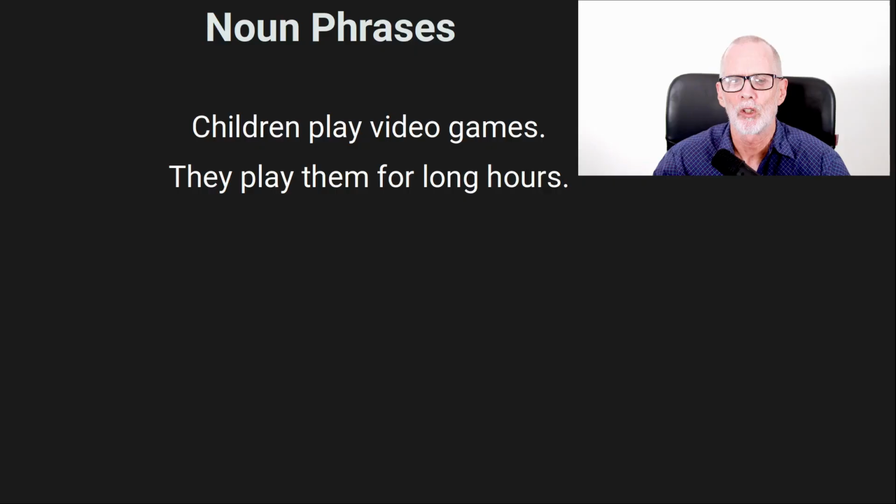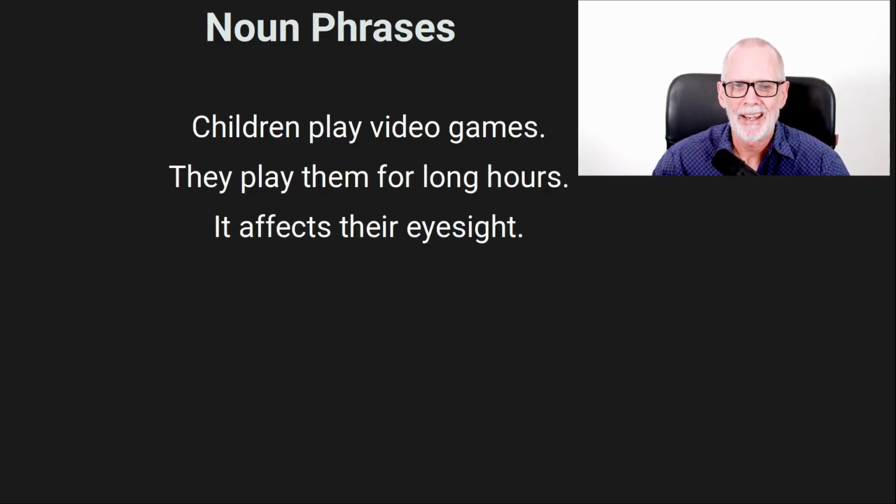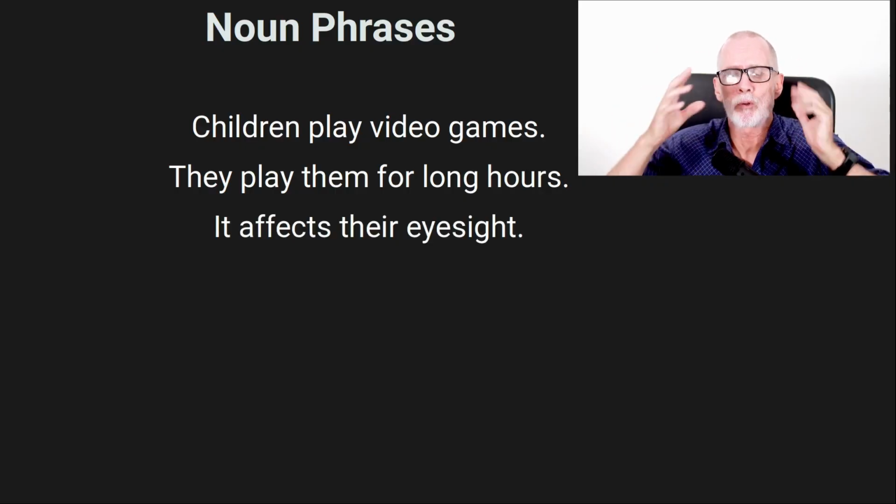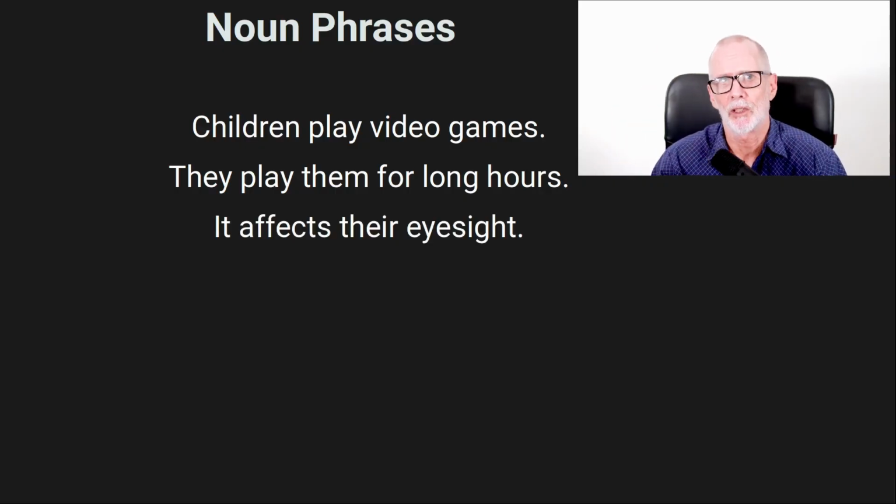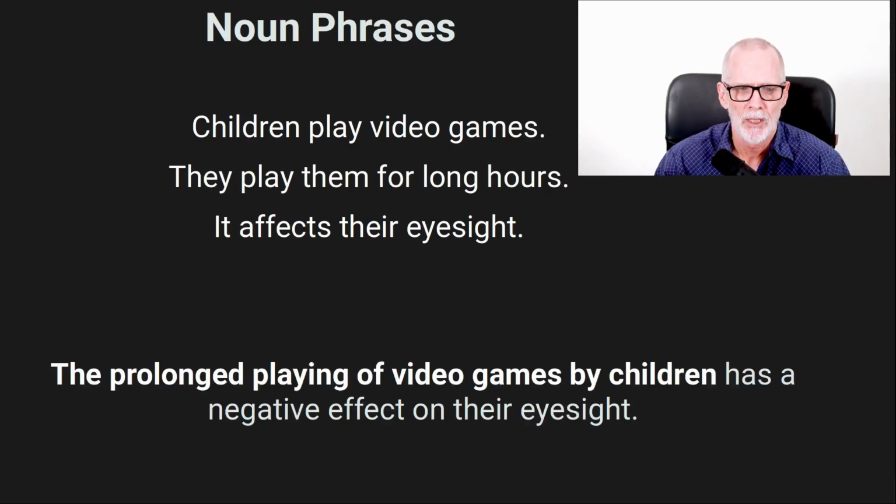They play them for long hours. It affects their eyesight. How can we use a noun phrase to compress these three ideas into one simple phrase? The prolonged playing of video games by children has a negative effect on their eyesight.